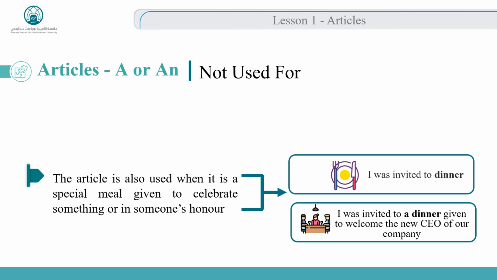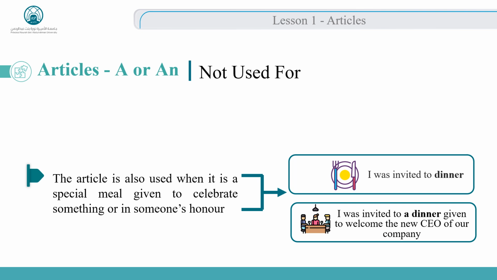There is another exceptional case where we would use a or an before the names of meals. We will use the articles a or an before the names of meals when this is a special meal given to celebrate something or in someone's honor. So we can say, I was invited to dinner. This is a normal dinner.